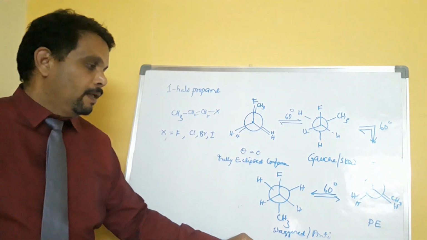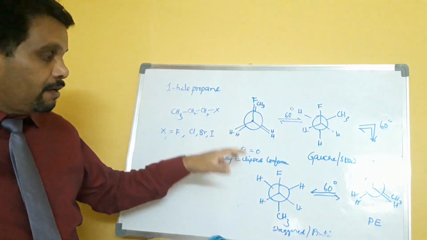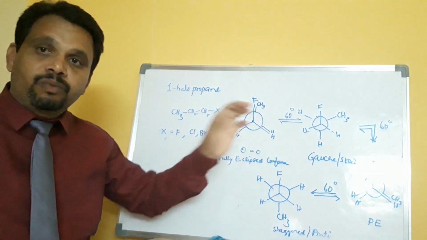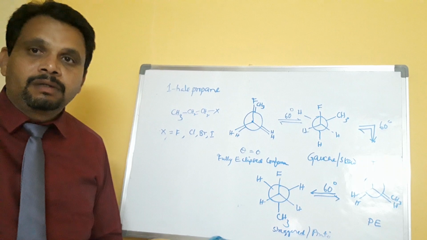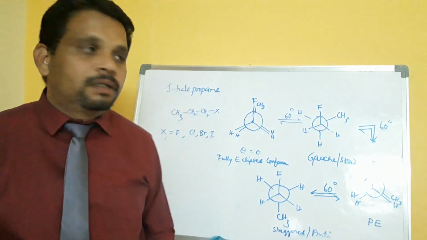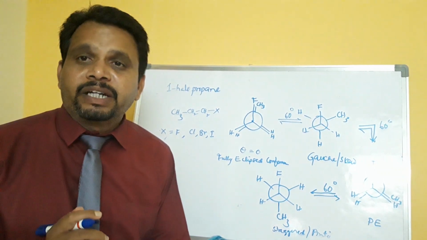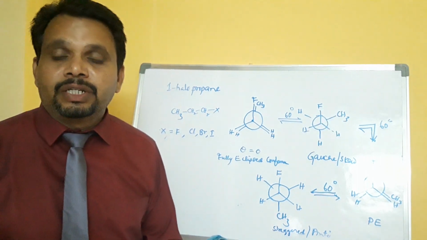But here, when you observe, the gauche or skew conformer is more stable than the staggered or anti conformer. Why? What is the reason? The reason is, in the gauche conformer there is a van der Waals attraction between fluorine and the CH3 group.